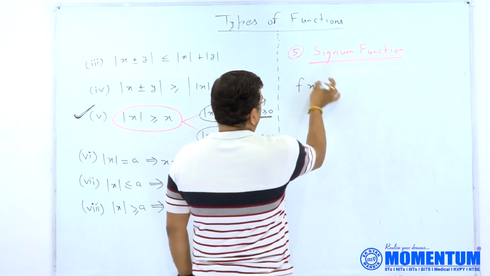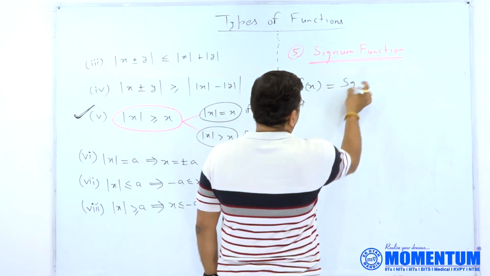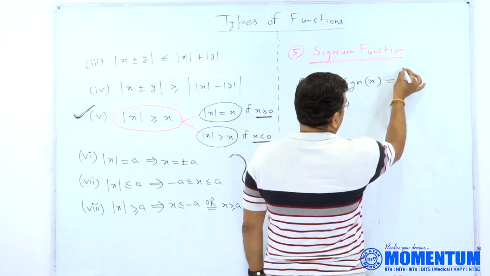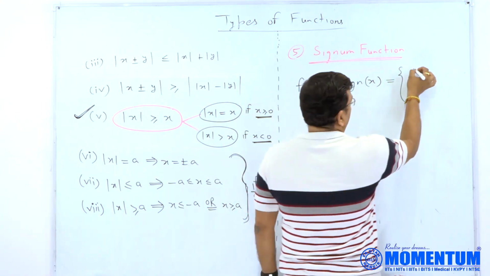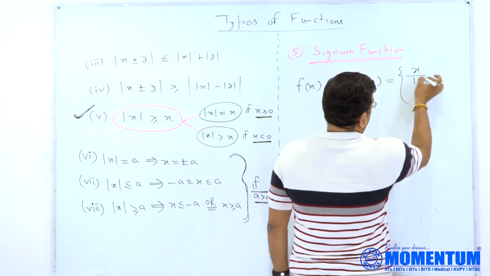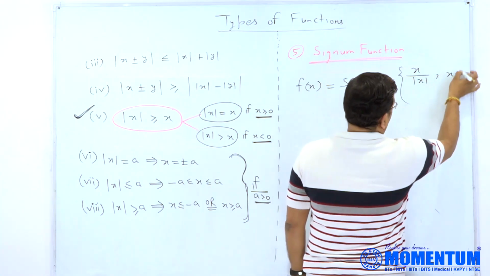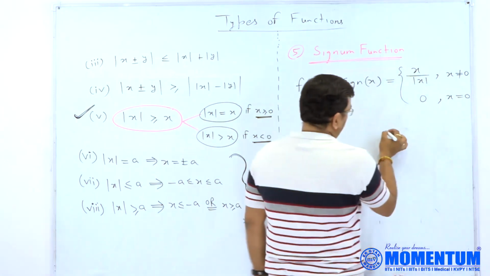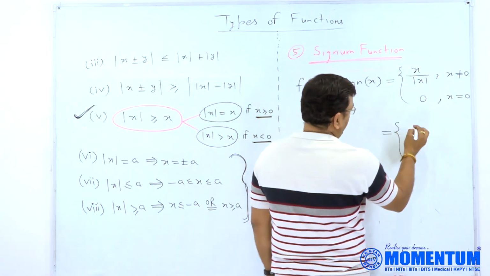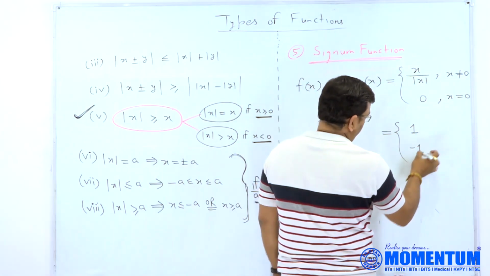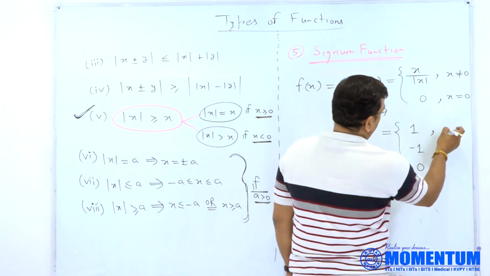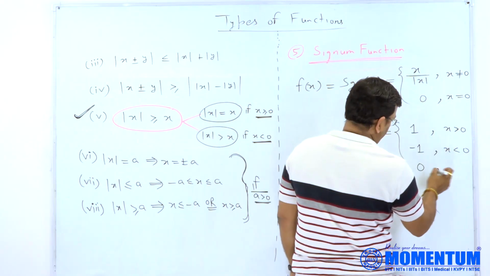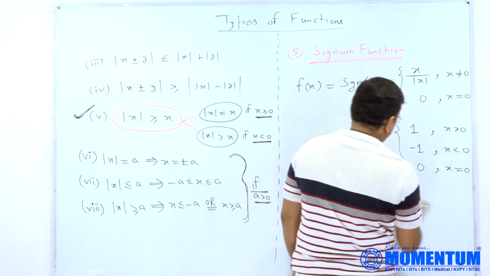It is f of x is equal to sgn x, which is x upon mod x when x is not equal to 0 and 0 when x is 0. This definition can be further written as 1 when x is greater than 0, minus 1 when x is less than 0, and 0 when x is 0.